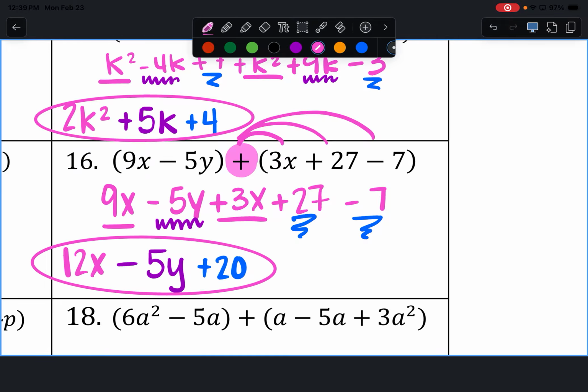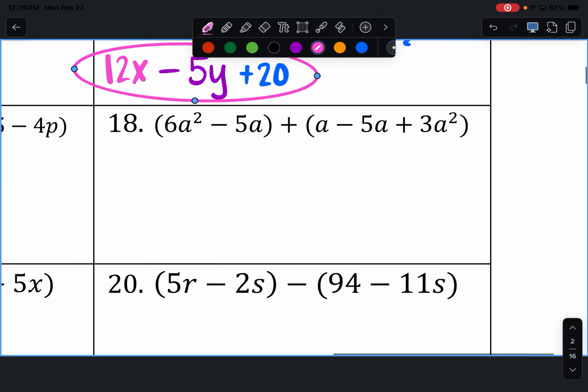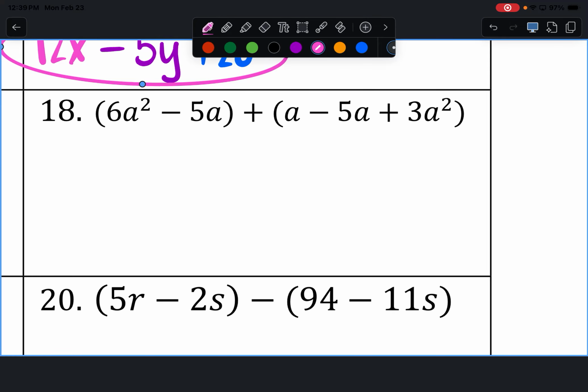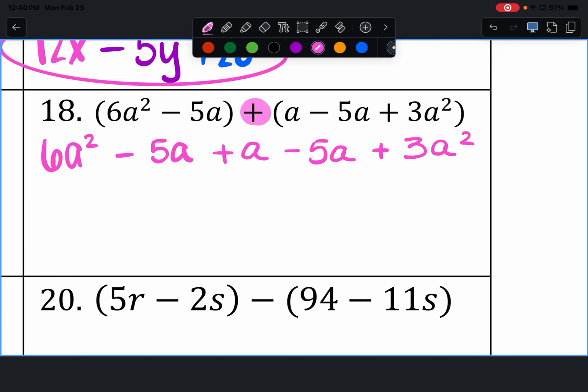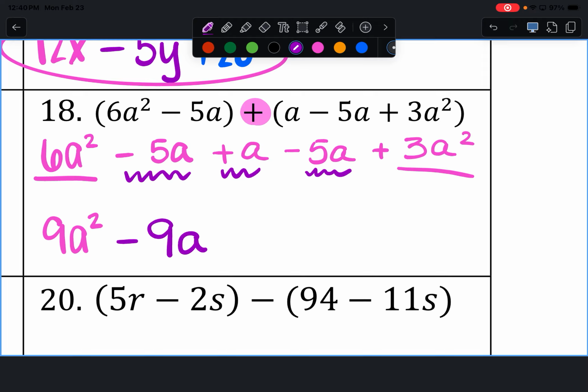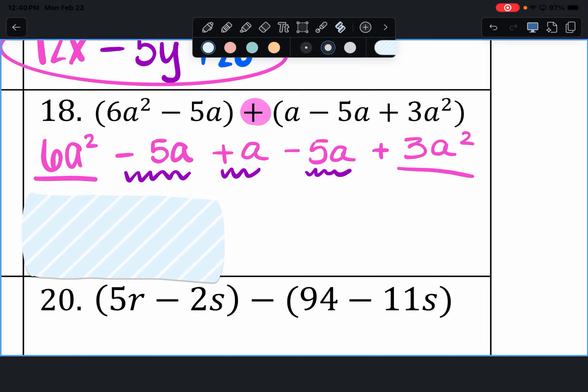I want y'all to go ahead and do question 18 for me real fast. What'd y'all get for the answer? 9a squared minus 9a.